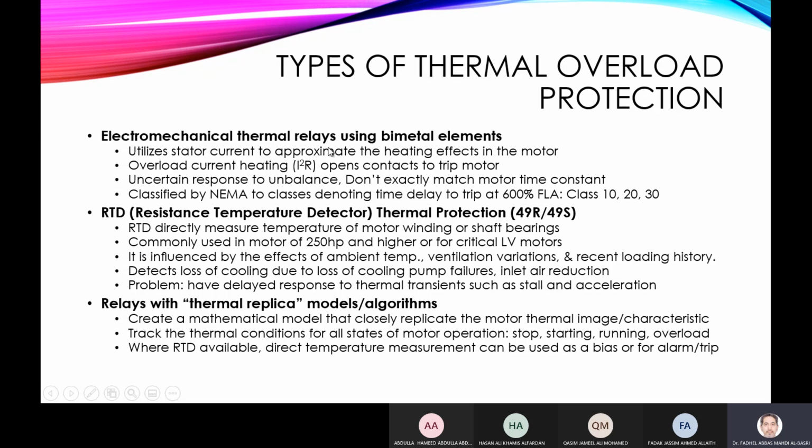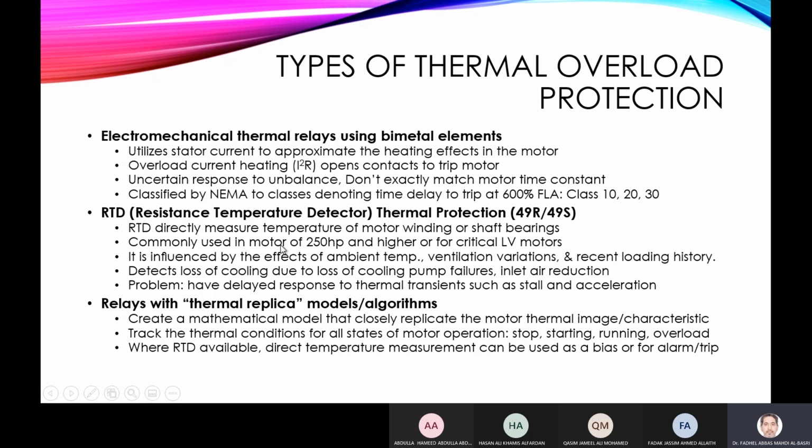We don't use current to produce heat and heat change the bimetal and trip the motor. No, this is directly measuring the temperature of the winding. So for three-phase motors, normally each winding will have two temperature sensors. There are two RTDs, so we have a total of 6 sensors on the stator windings.